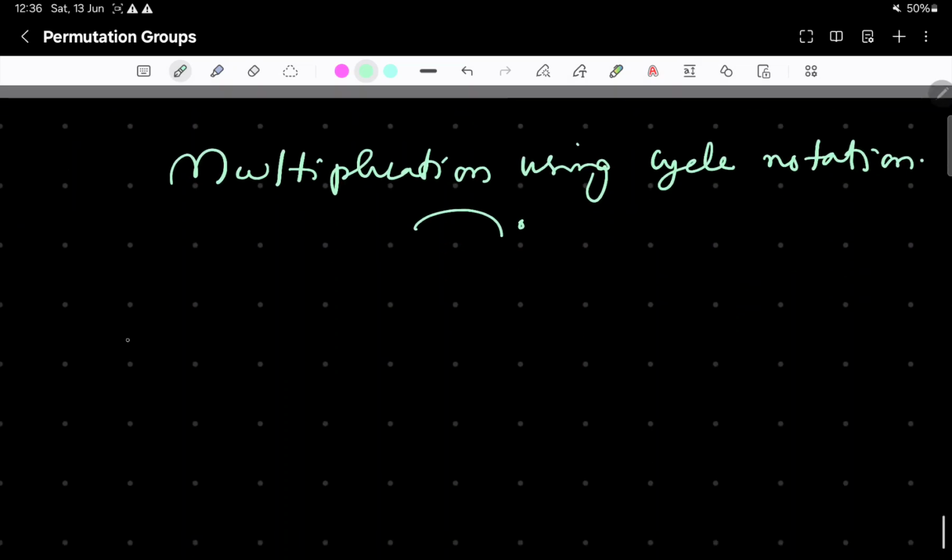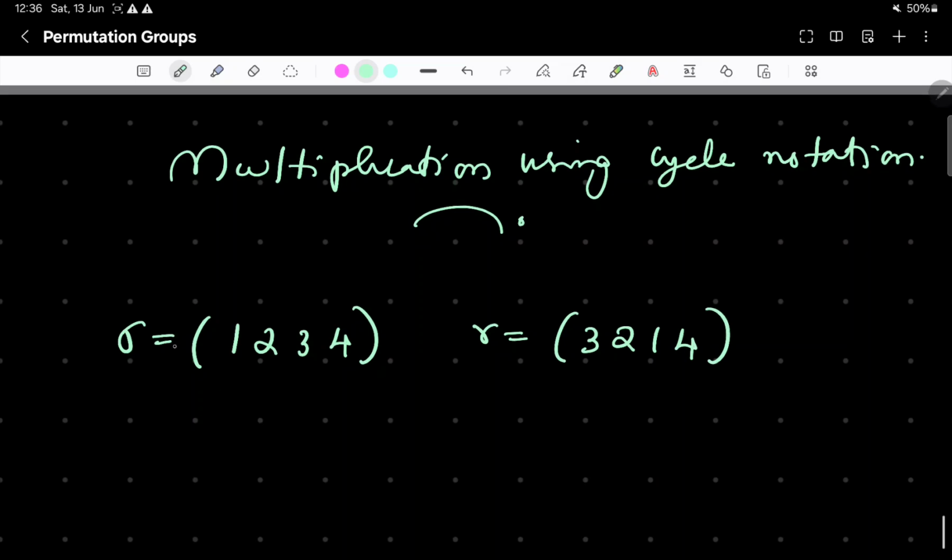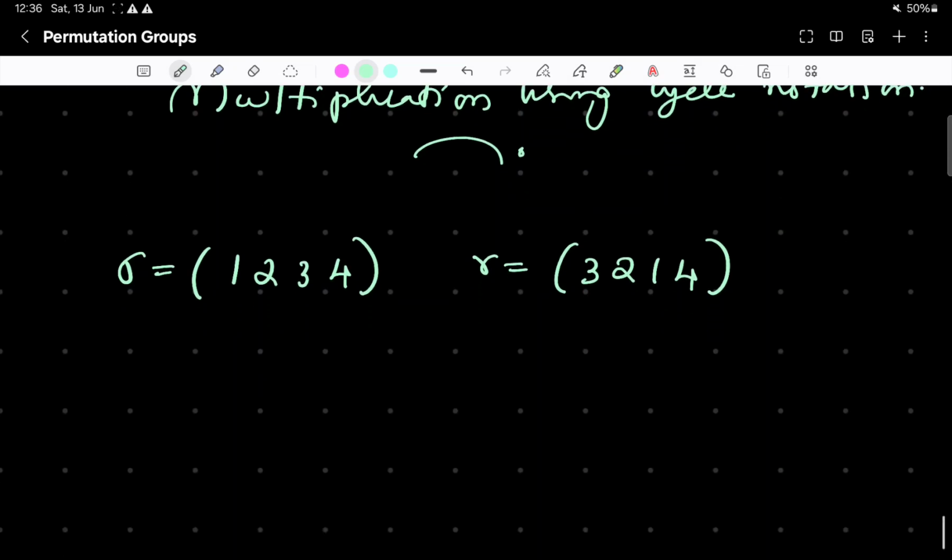So let's take two permutations. Let sigma be 1 2 3 4, this is a cycle, and let's take gamma equal to 3 2 1 4. They are not equal, because gamma is not a cycle. Whether they are equal or not, we don't care. How do we calculate it?